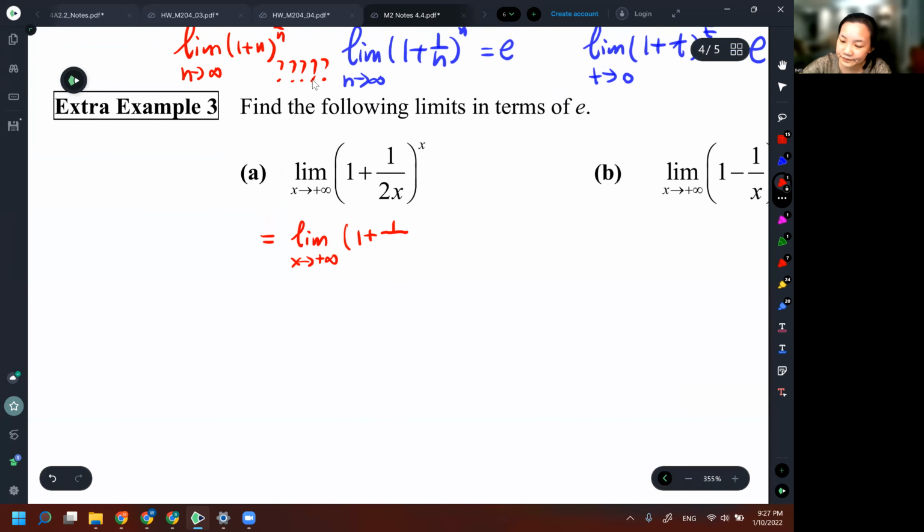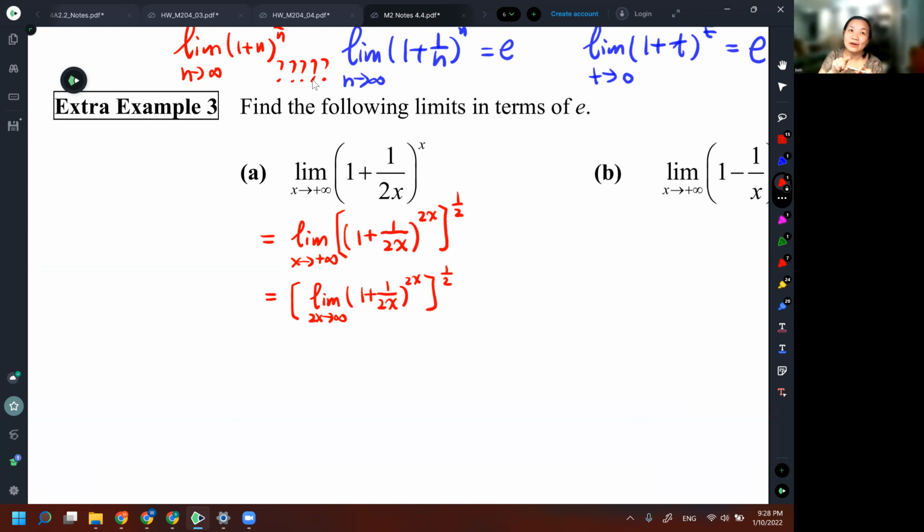This one is 2x, and then you change it to 1/2, and then you write the limit of 1 plus 1/2x to the power 2x, to the power 1/2. And then this is 2x tends to infinity. You know what I mean?